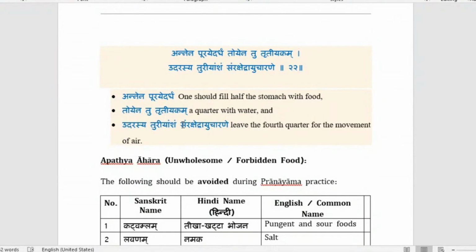There should be air in that. Only then whatever food item you are grinding, that is done. If you fill the mixer completely, will you be able to grind it?